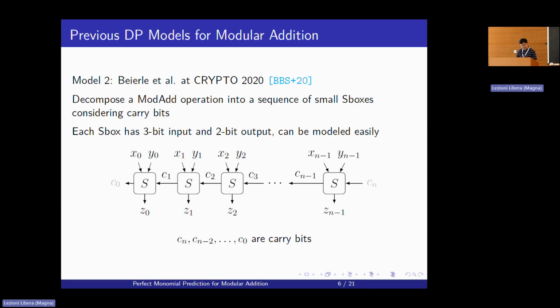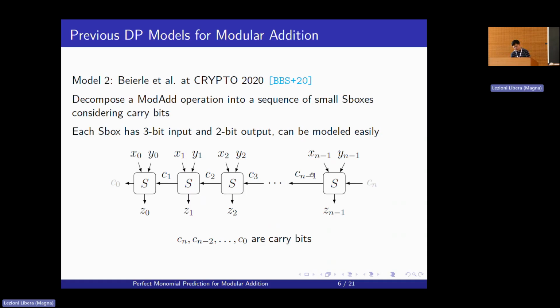Another method was proposed by Baysal et al. at Crypto 2020. The authors also decompose modular addition into a sequence of small S-boxes considering carry bits. For example, we regard this as an S-box with 3 bits as input. X is the left branch and Y is the right branch, and C is the carry bit calculated by the previous calculations.